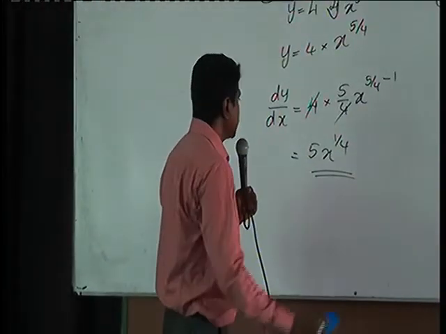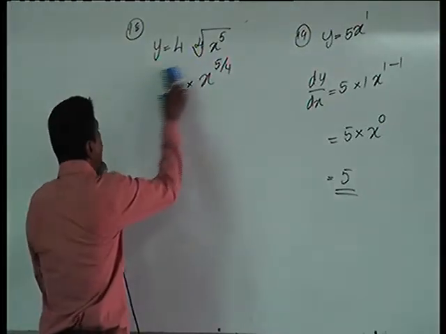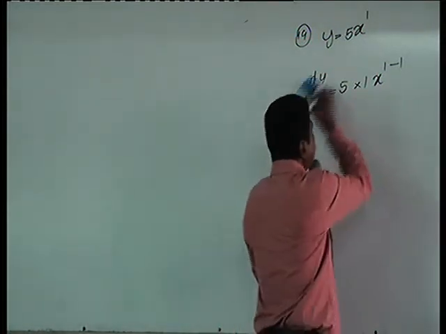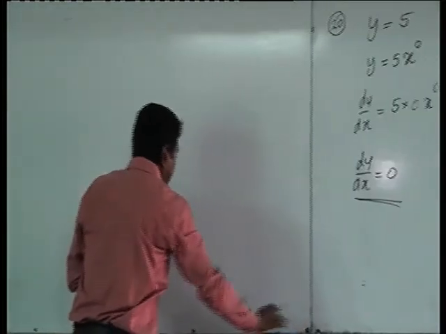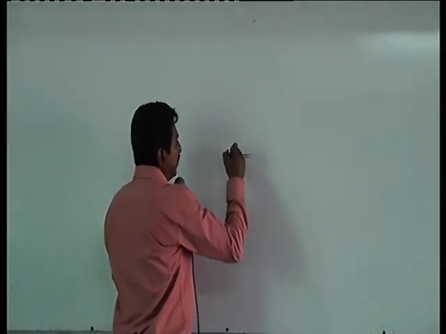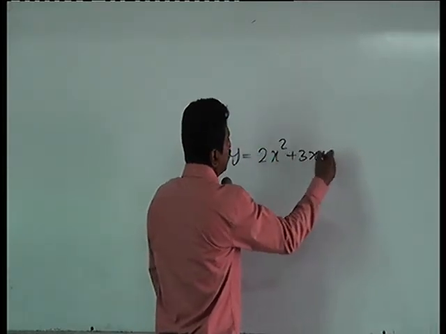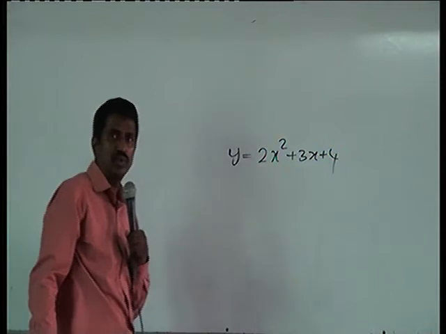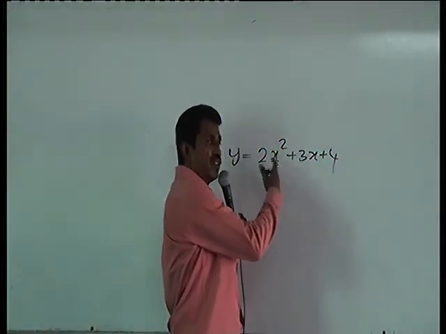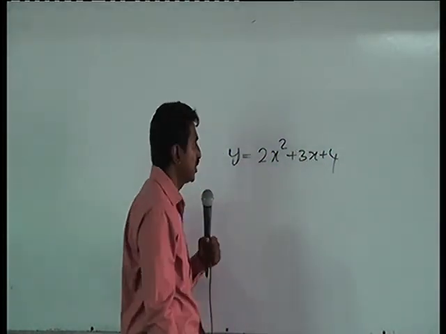The next step is, if you come across a function with more variables, like here, say y is equal to 2x squared plus 3x plus 4. A function with several terms: here x to the power 2, here x to the power 1, and here a constant. How to differentiate?